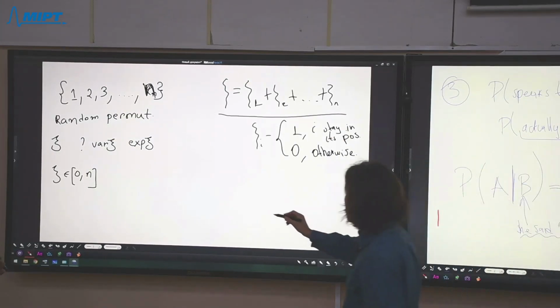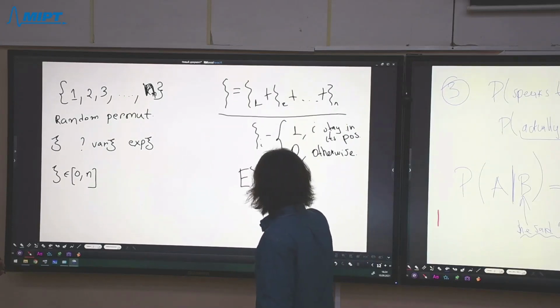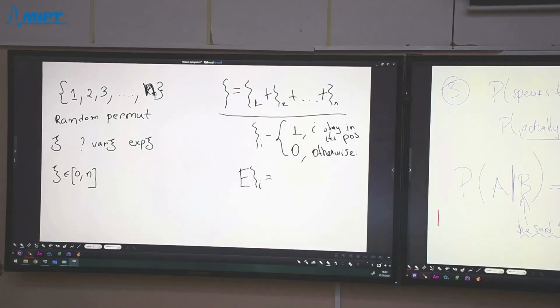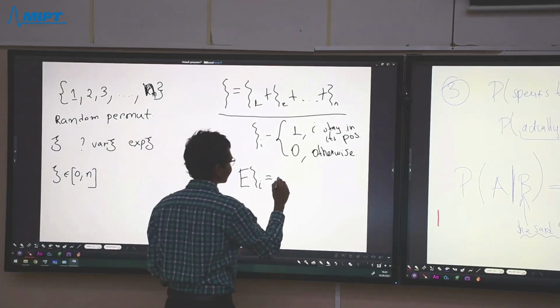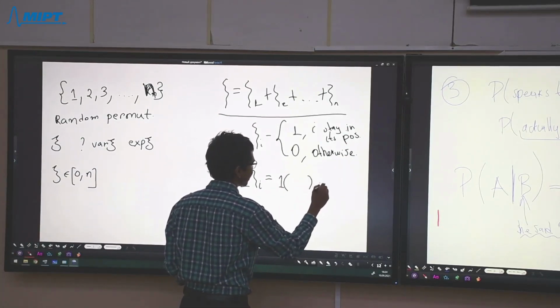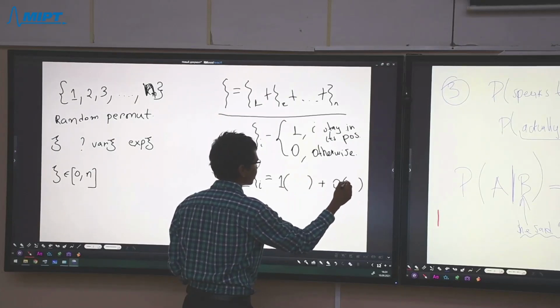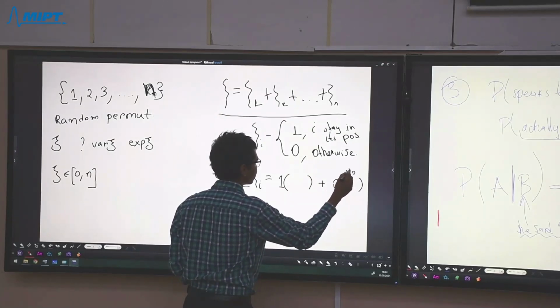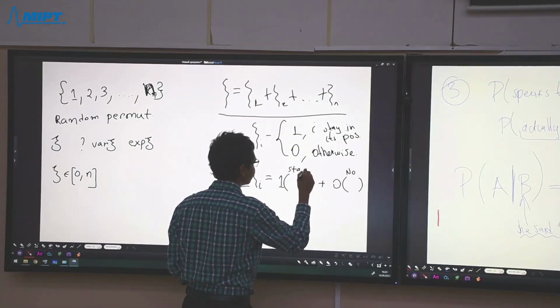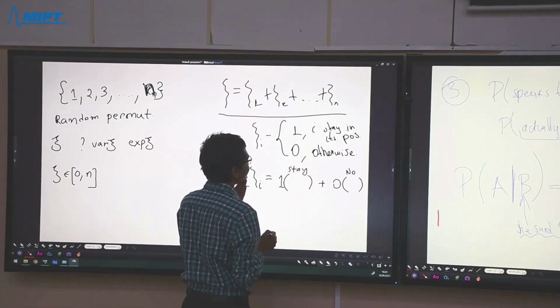Now, what's the expected value of psi i? So 1 times the probability that it stays in its position, plus 0 times the probability it doesn't stay. And what is the probability that it stays in its position?